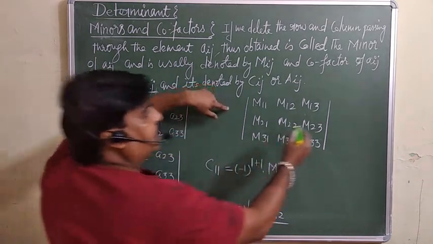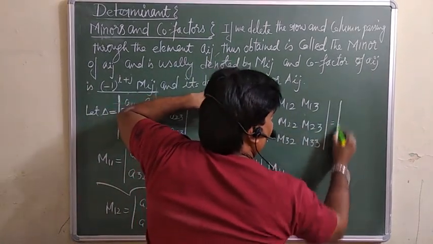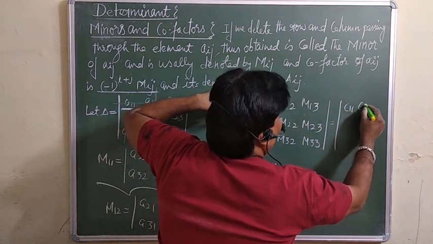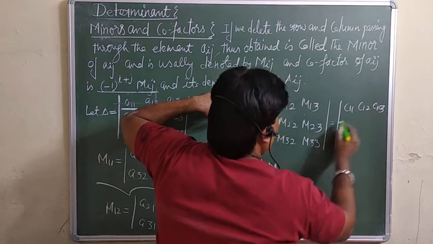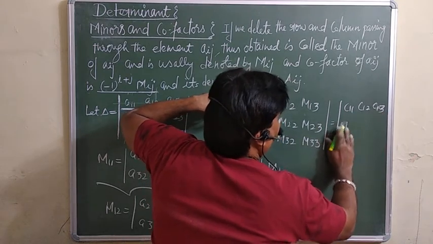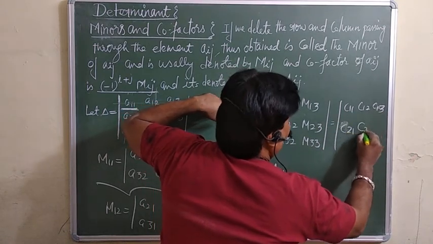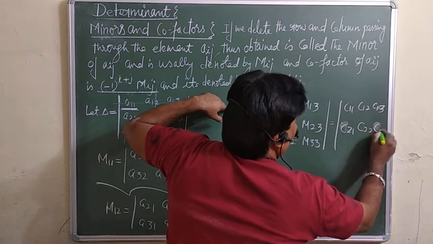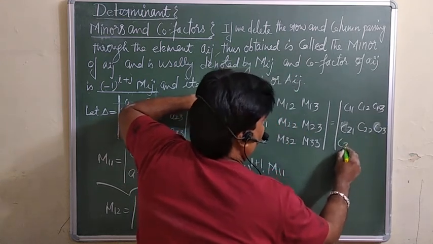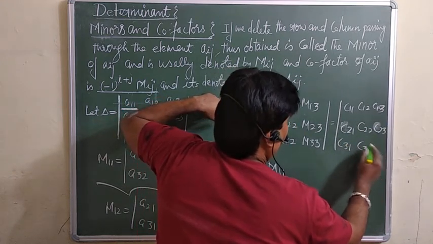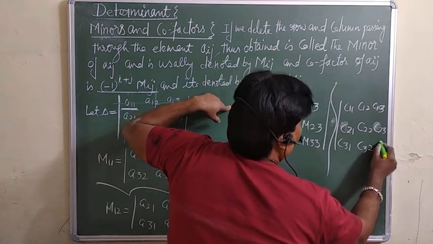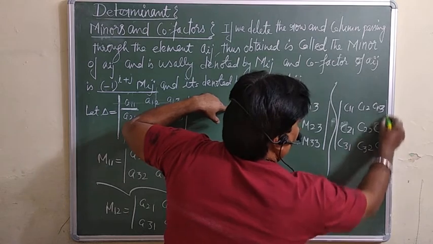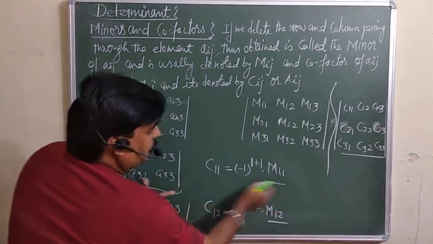So the cofactors here will be C11, C12, C13, C21, C22, C23, C31, C32, C33. You can write down these cofactors by keeping this in mind. The cofactors are not equal to the minors, remember, because the sign will be changed. Plus and minus signs change according to this rule.